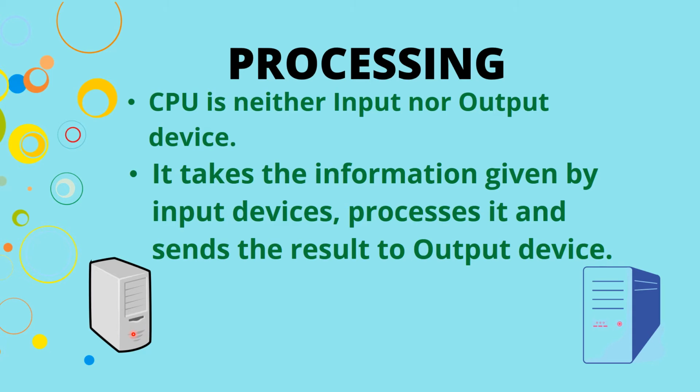And what does a CPU do? It takes the information given by input devices, processes it and sends the result to output devices, in the form of result on the output devices.